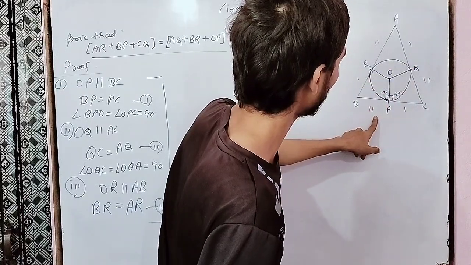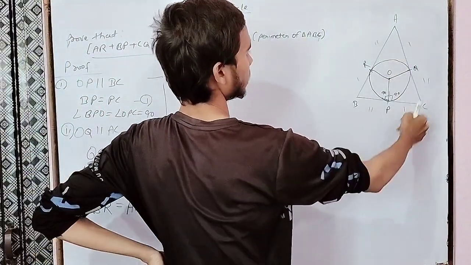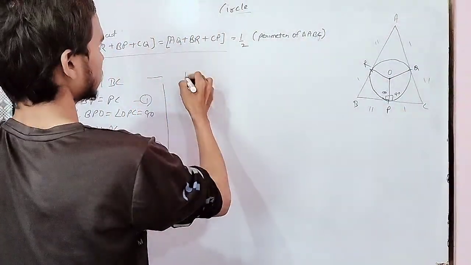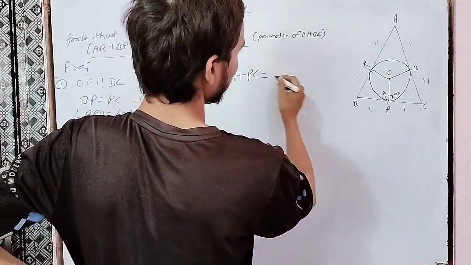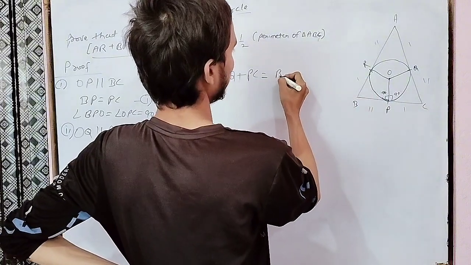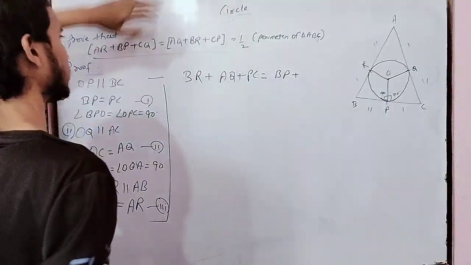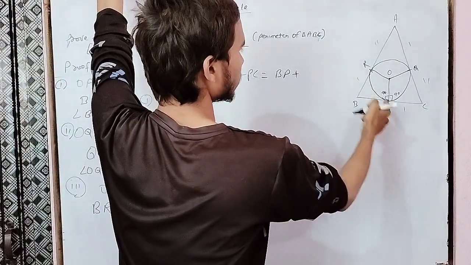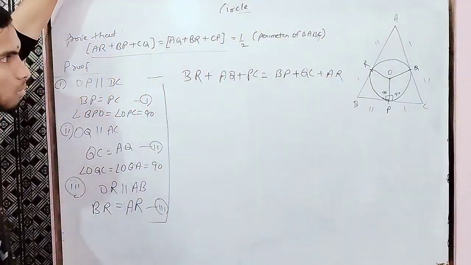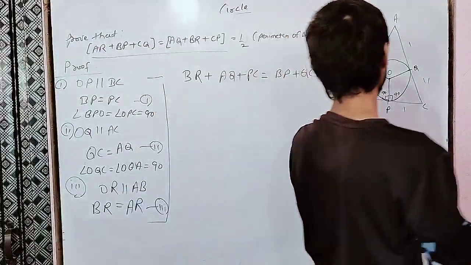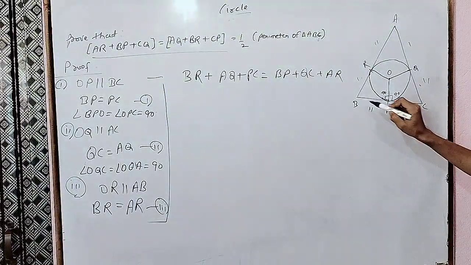This and this and this, just opposite. For example, BR plus AQ plus PC, and on the other side BP plus QC plus AR. Here we can say this plus this plus this.